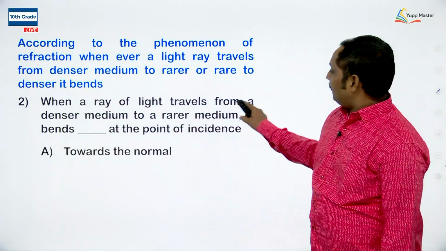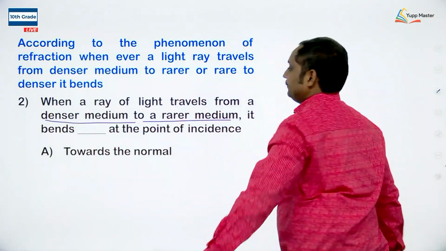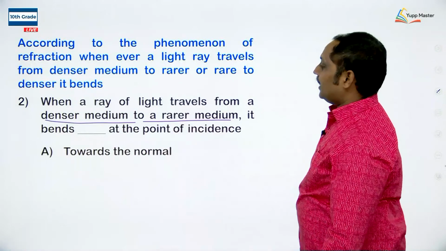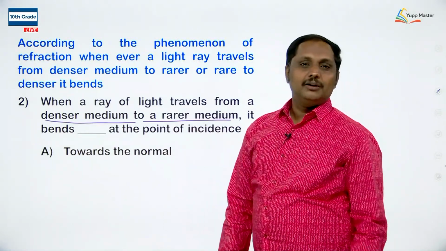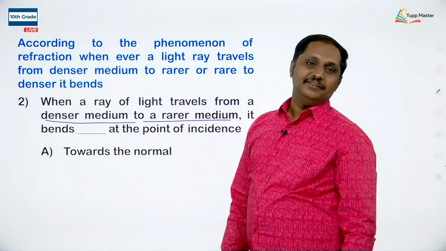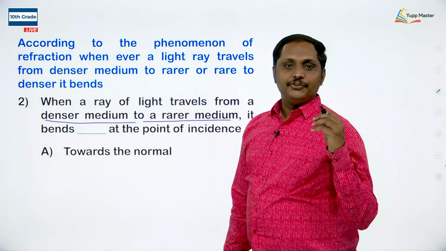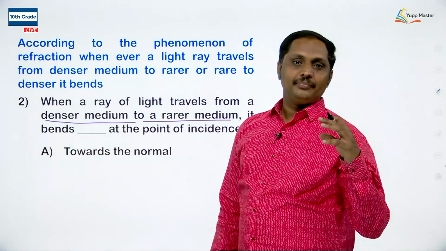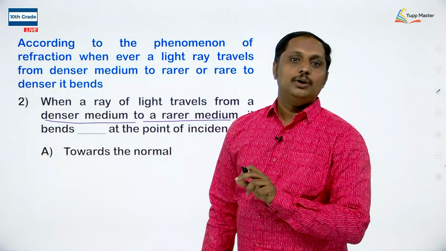The question: a ray of light travels from denser medium to rarer medium; it bends dash at the point of incidence: towards the normal, away from the normal, undeviated, or we cannot predict. 100% we confirm the angle of refraction is going to be more.